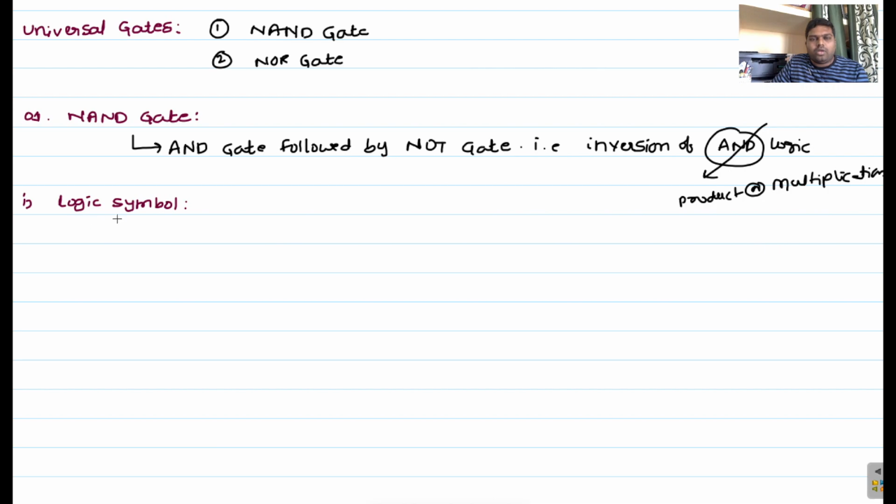Now logic symbol of NAND gate is the same as AND gate only, but you add one bubble in front of the AND gate. Already I told you bubble means inversion, right?